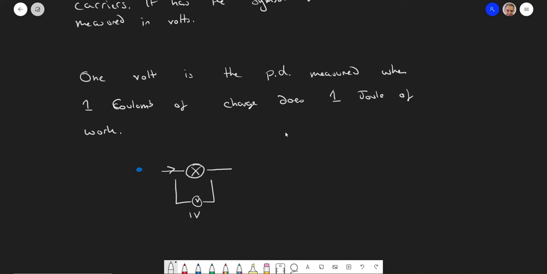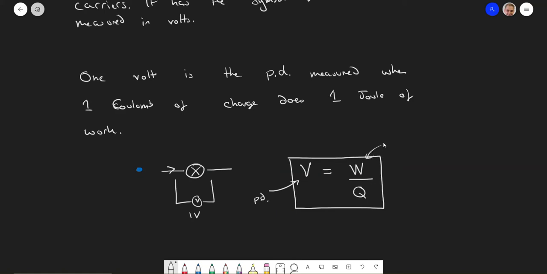Now, you might say, why don't we count in electrons and joules? Well, it's because these numbers are going to be tiny. So what this is defined as being is that V is equal to W over Q. That's our potential difference, that's the work done, and that's the charge.